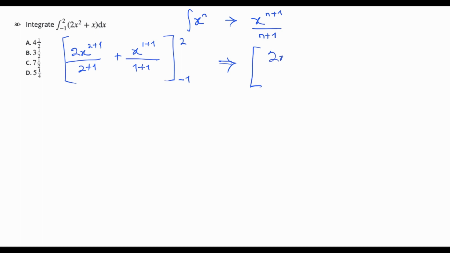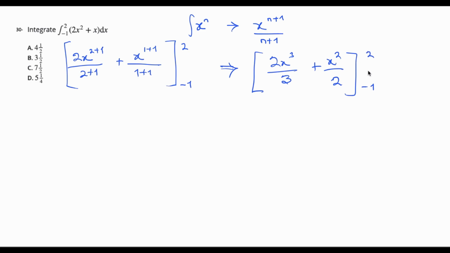2x cubed over 3 plus x squared over 2, between minus 1 and 2. So to integrate between two limits, what we have to do is evaluate this expression for each limit and then subtract our answers. So to evaluate for the upper limit, all we have to do is substitute x for 2 in this expression.